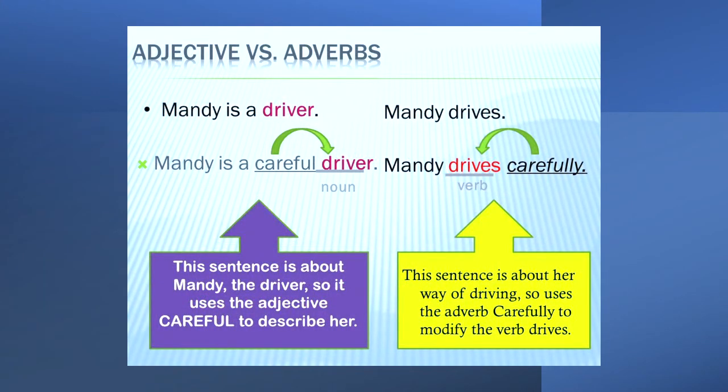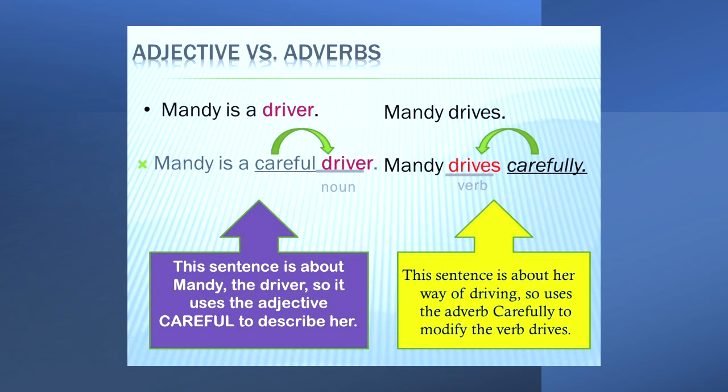Now dear children, a very important difference we should know is what is an adjective and what is an adverb, because sometimes we get confused. See the 2 examples before you. Mandy is a driver. Mandy drives. Now Mandy is a careful driver. Here driver is a noun. The sentence is about the driver.